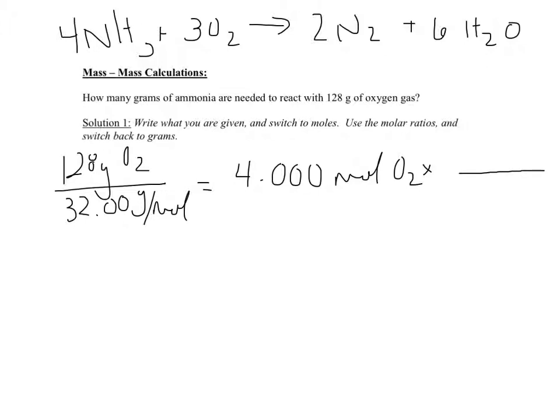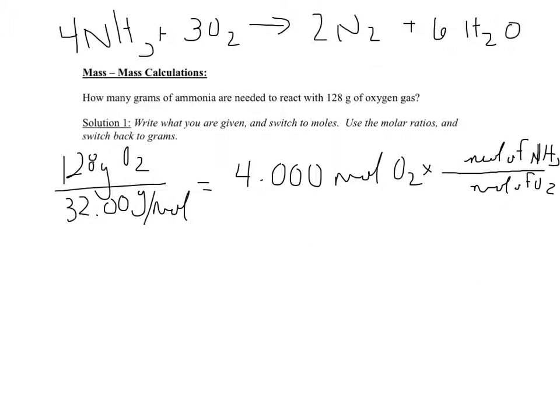So I'm going to set up my conversion factor or my mole ratio. And what's going to happen is you're going to write mole of O2 on the bottom because now you have these able to cancel out. And then I write mole of what I want. What do I want? My question's asking me about how many grams of ammonia, so I'm going to write NH3.